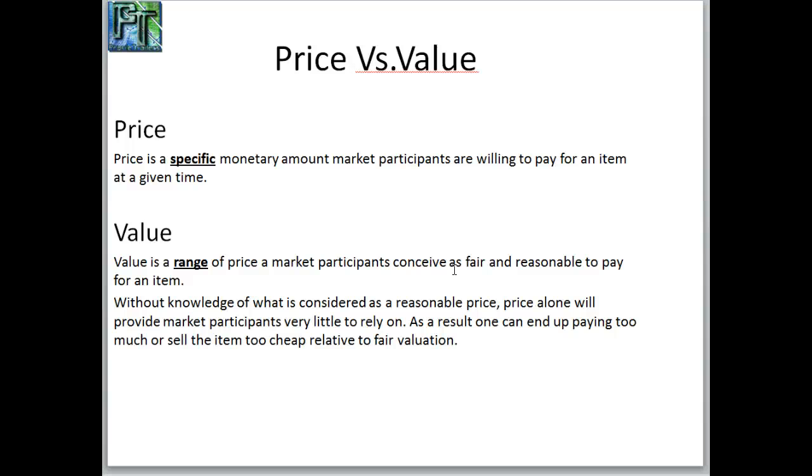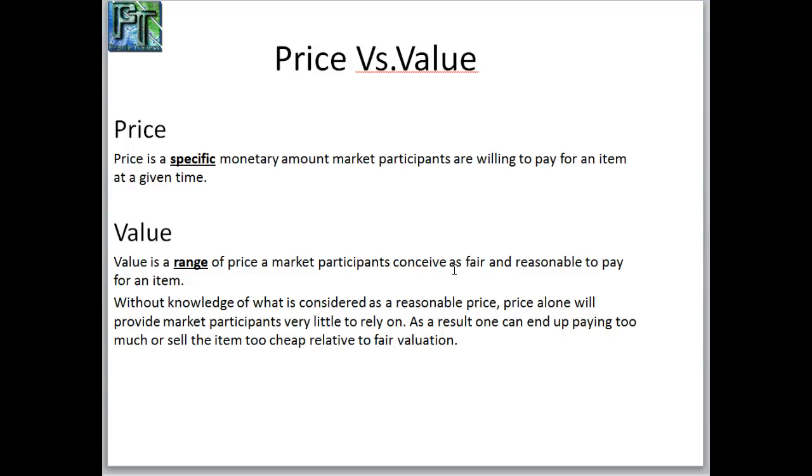So as a result, if you don't know what valuation is assigned to whatever you're transacting with, you can end up paying too high or selling too low because you have no idea of what value is for the product that you're dealing with. So there is a big difference between the two. Price alone will tell you nothing about value and can be very misleading.